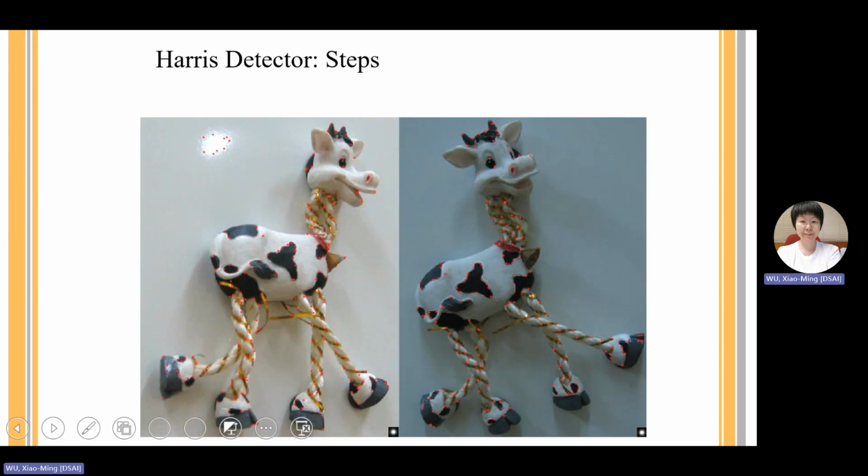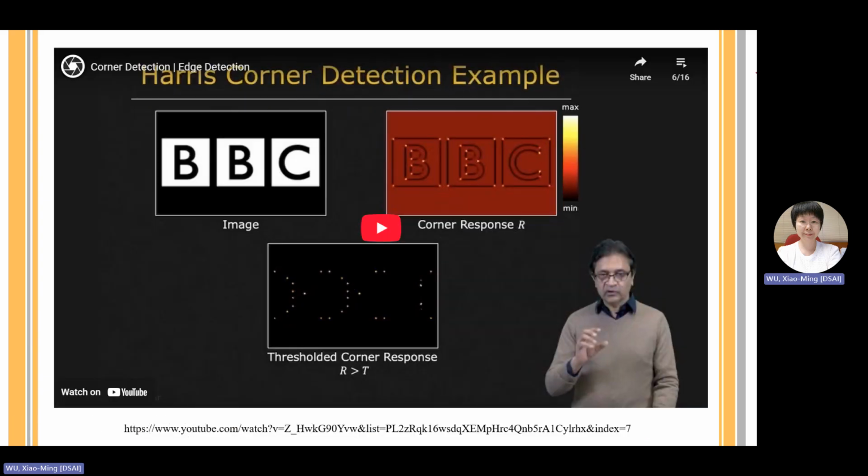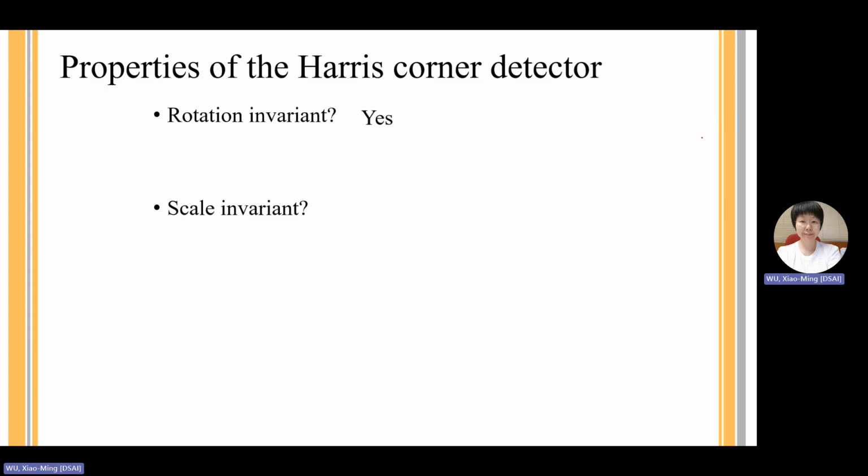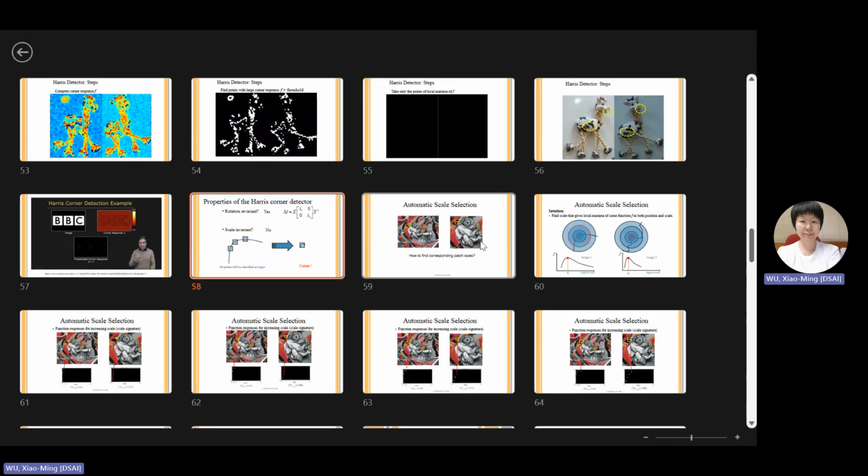So I would like to emphasize, look at this region, and you can see the same corner points are identified despite the differences in their orientation. This shows that the Harris corner detection algorithm is robust to rotation.